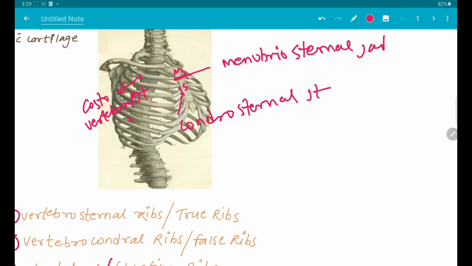So these three joints give permission to expand when we breathe in air.